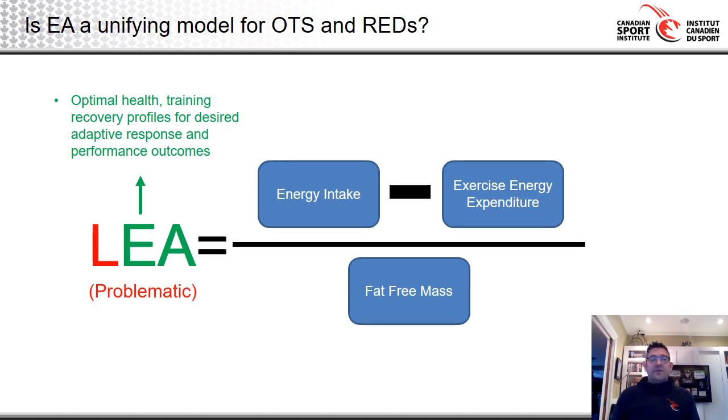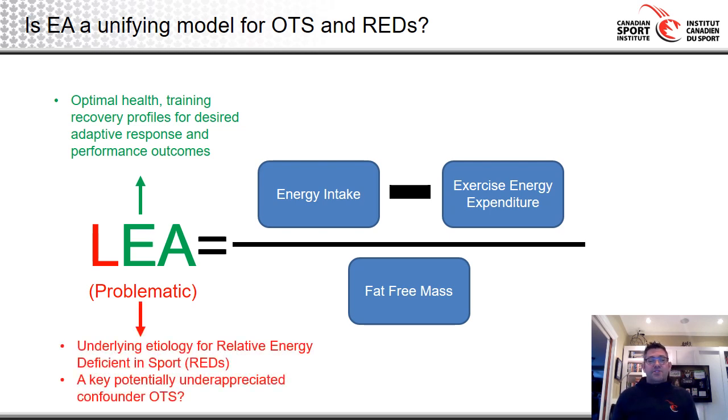Problematic low energy availability is when you're not consuming enough for your given exercise, and that is either very prolonged or severe. And it's problematic low energy availability that is the underlying etiology, or cause, for relative energy deficiency in sport, and is a key potential underappreciated confounder of overtraining syndrome.